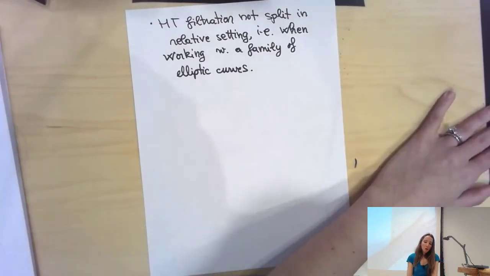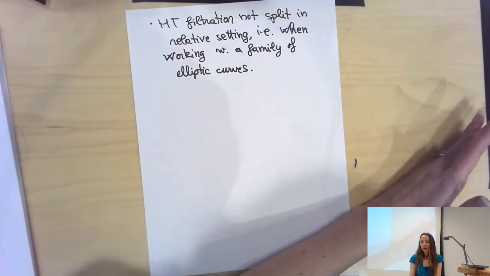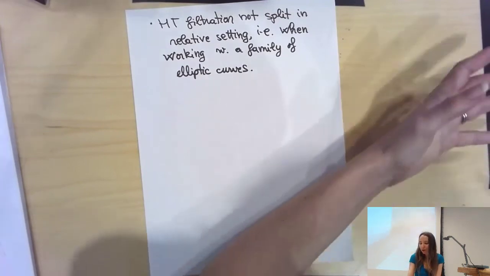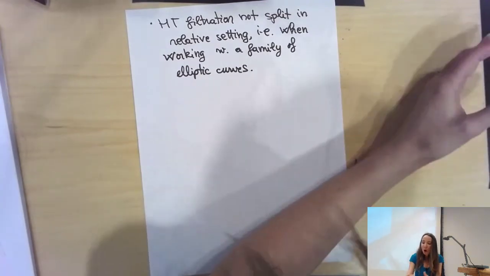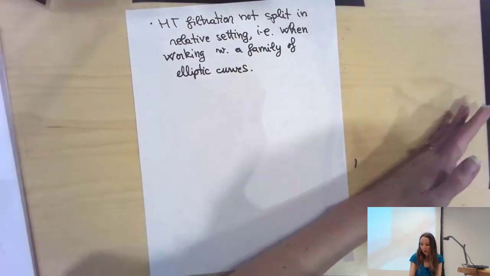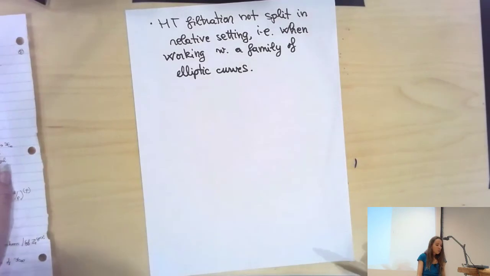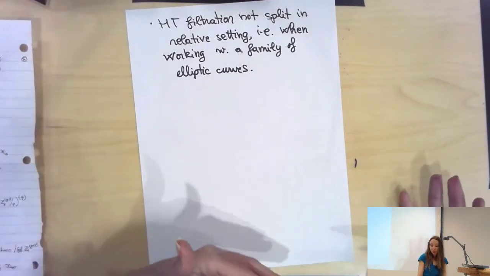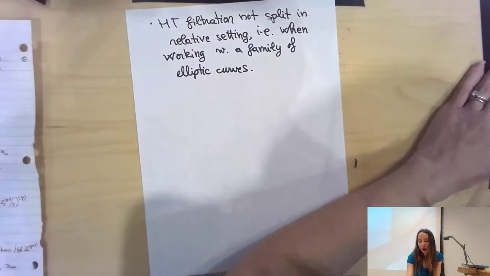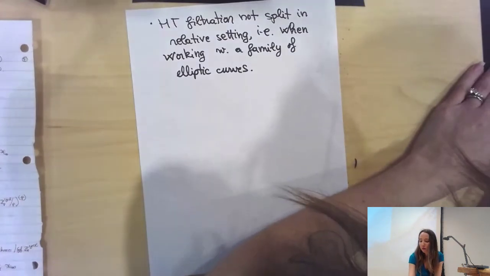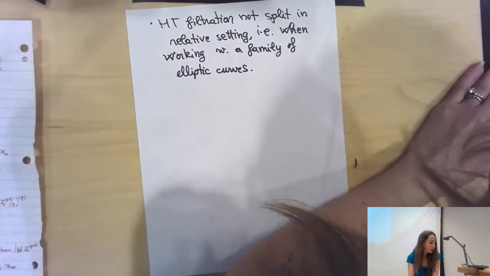So if you want to do this in the relative setting, then somehow you need to go over a base that's even bigger. And it turns out what you need to do is work with an affinoid perfectoid cover of your modular curve, say even at ground level, so X star gamma.